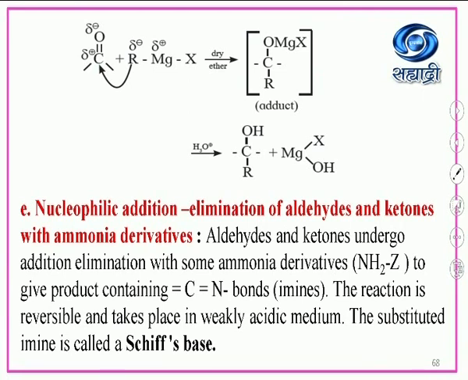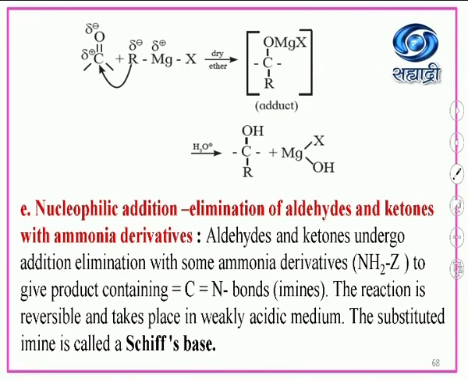After that, when it is treated with dry ether, you will get the complex C, O MgX, R. This unstable product is formed. After acid hydrolysis, you will get C, OH, R plus MgX and MgOH. For this purpose, we will take one example with acetone, CH3 C double bond O CH3, plus methyl magnesium bromide, CH3MgBr.